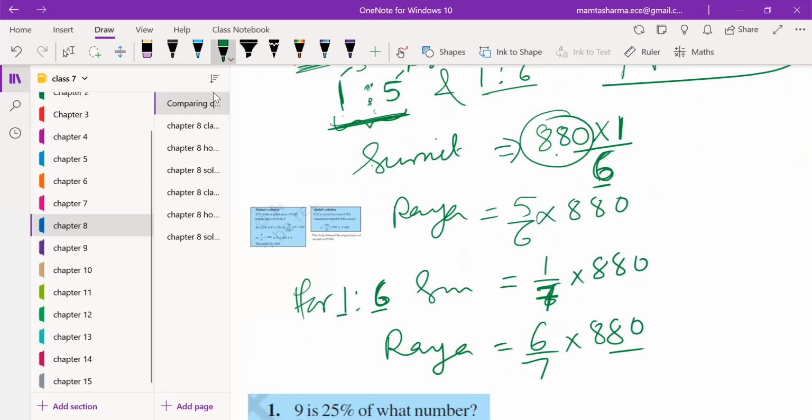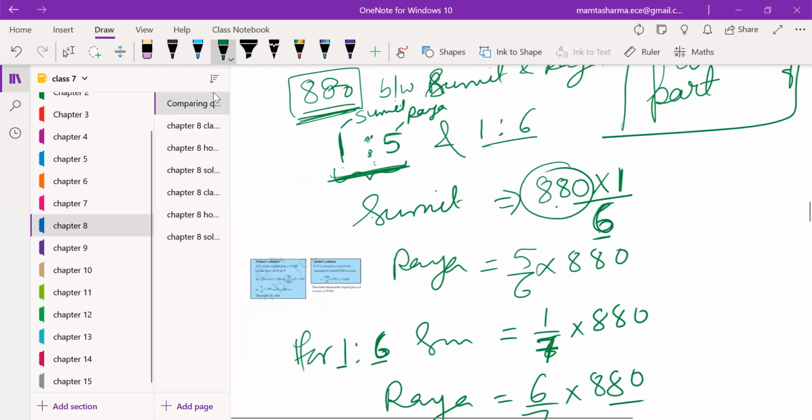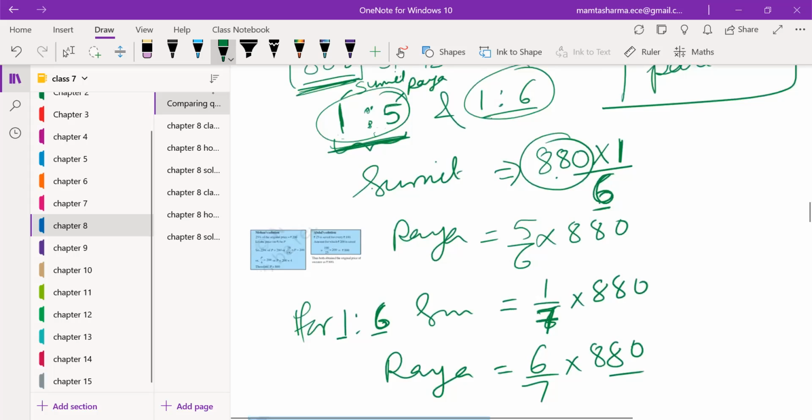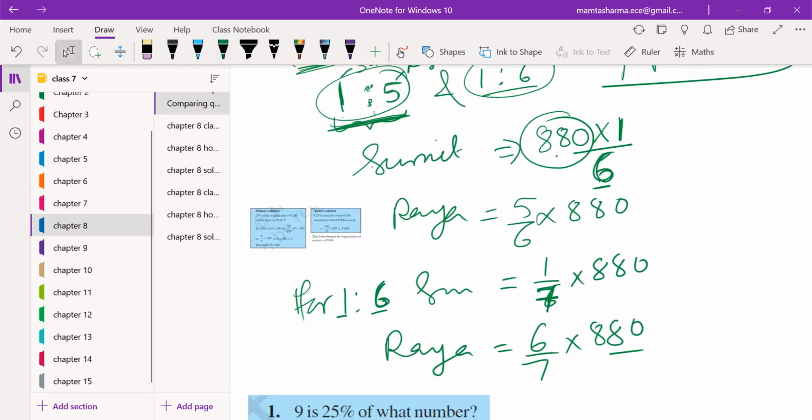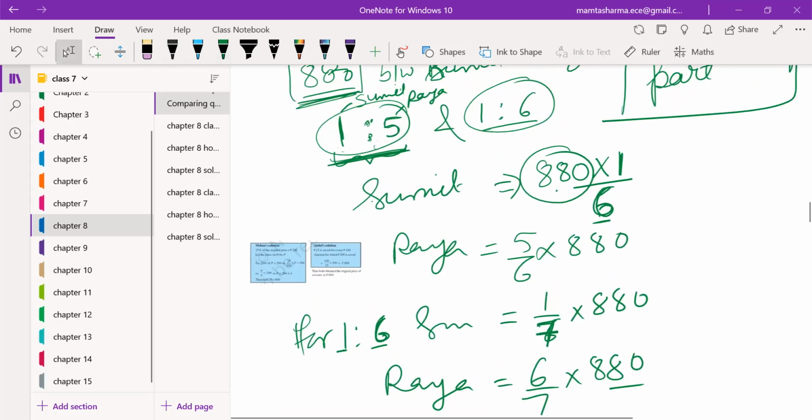Similarly, for the second question, there is a question for 1/5 part and for 1/6 part. Is there 2 questions in this, or only 1 question? Ma'am, it's only 1. Okay, it's 1/5 to 1/6.